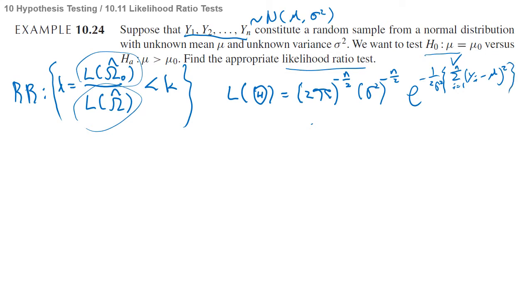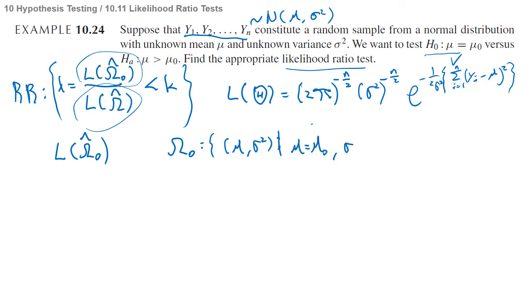Okay, so this is the likelihood ratio, and how can we get L(theta 0 hat)? Here the omega 0, the space of this, is mu and sigma square, where mu equals mu 0 and sigma square is greater than 0. This is the space of omega 0. And what about omega, the whole space?